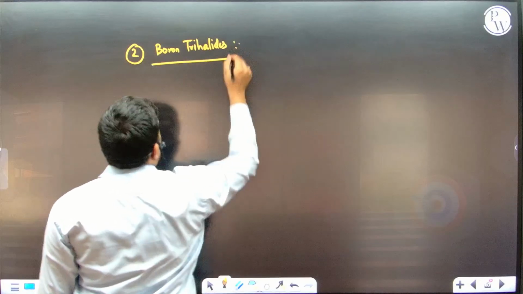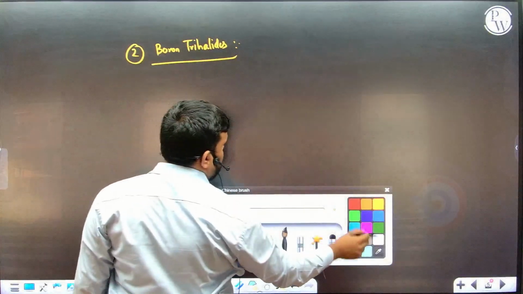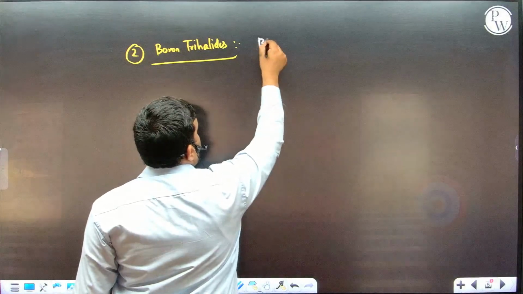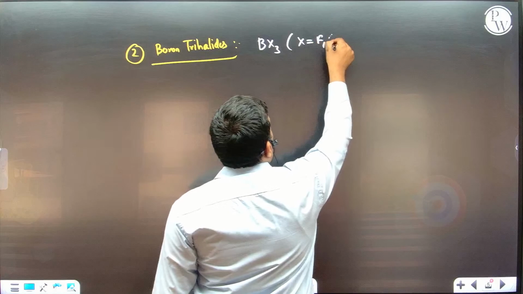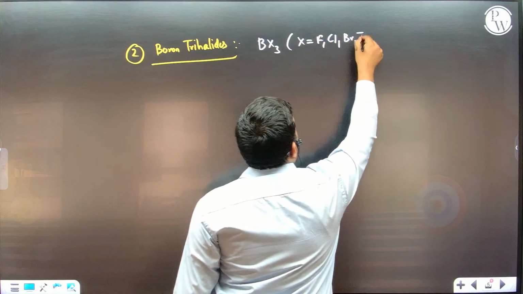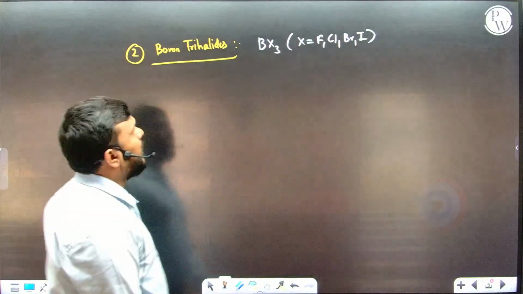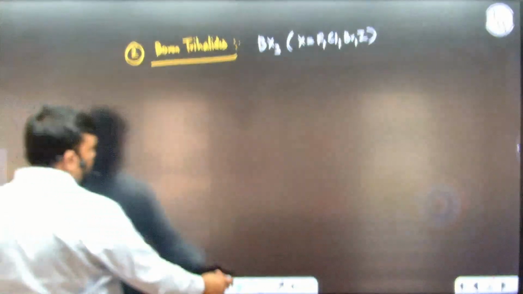Boron trihalides, that is BX3, where X can be fluorine, chlorine, bromine, iodine.